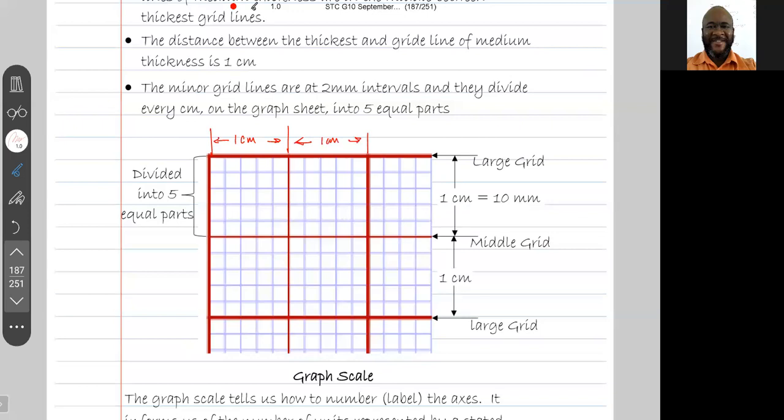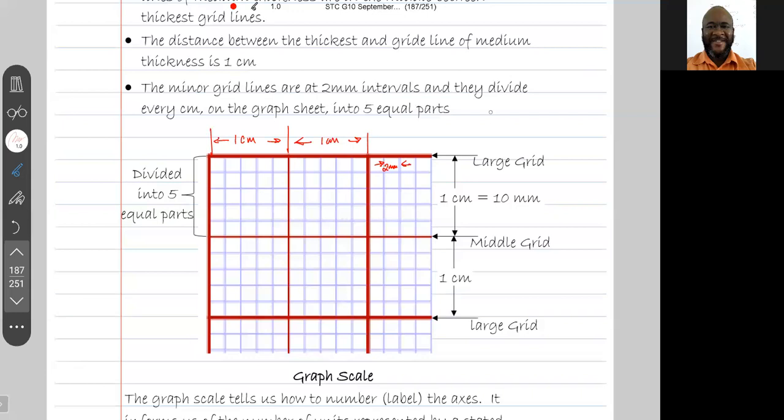All right, now the minor grid lines, which are the blue ones, are 2 millimeter intervals apart. So this is 2 millimeters. And that is why the graph sheet that we use is called the 2 millimeter graph sheet, because the distance between the smallest interval is 2 millimeters. Everybody should know that 1 centimeter is equal to 10 millimeters, and that on your graph sheet every centimeter is divided into 5 equal parts.